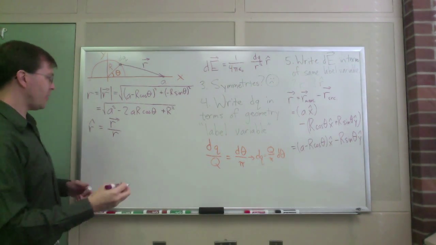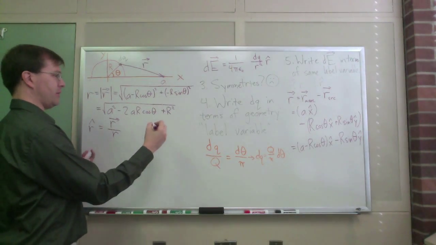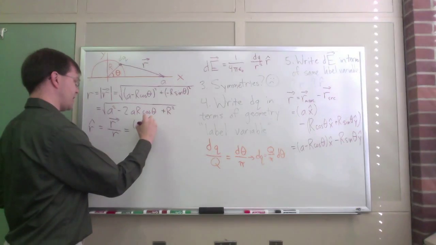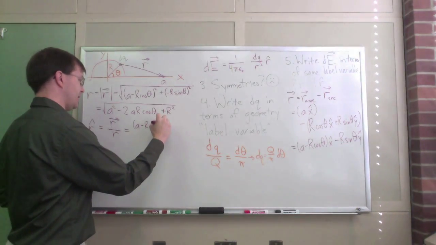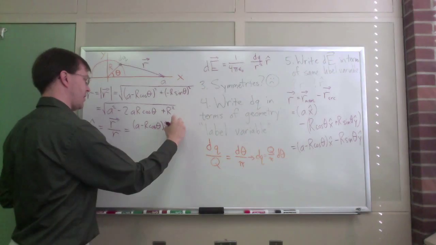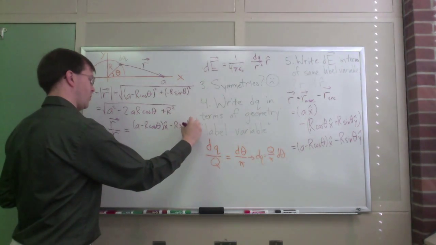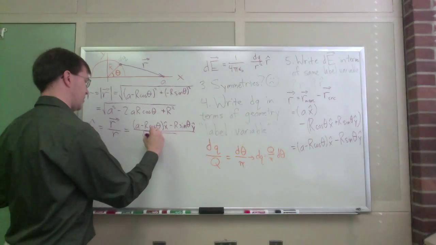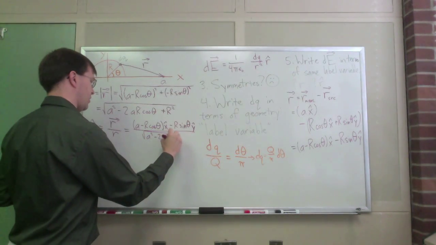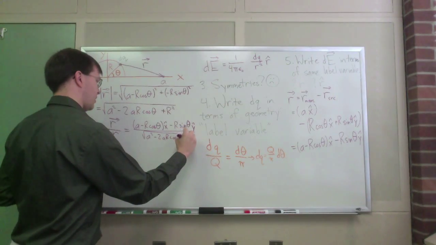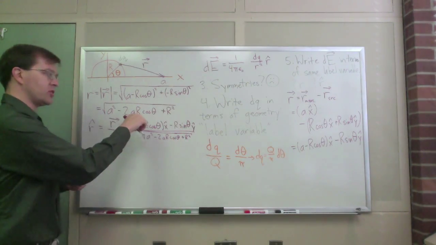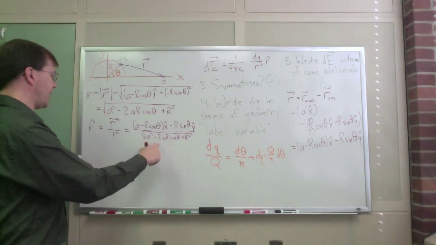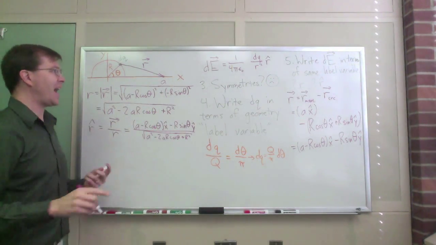And so here I can write this down as, well, it's a mess, but I can write it down as a minus r cosine theta x hat minus r sine theta y hat all over the square root of a squared minus 2ar cosine theta plus r squared. If you're noticing, this looks like some kind of law of cosines deal. But okay, so r and r hat, I have them.